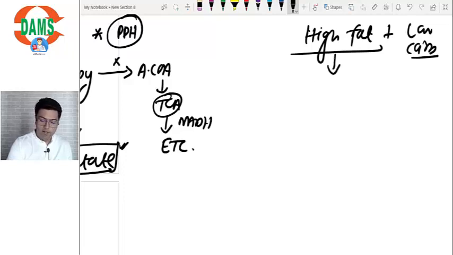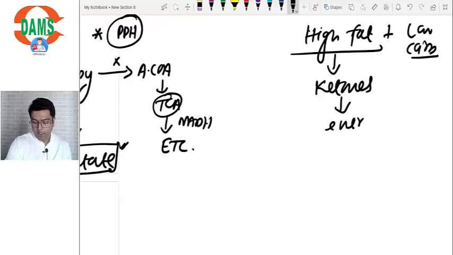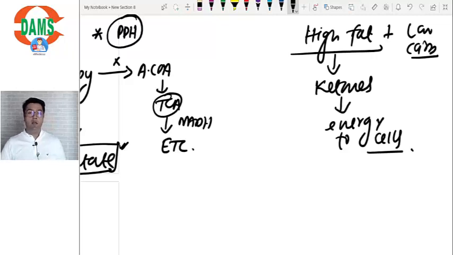Now high fat, guys, high fat converts into ketones, and the ketones are the energy for cells, right? For example, the brain is an organ which cannot use anything else except two things: one is glucose, other is ketones. But my muscles and other cells can use multiple sources of energy: amino acids, fats, then glucose, etc. So they can use anything which is available.